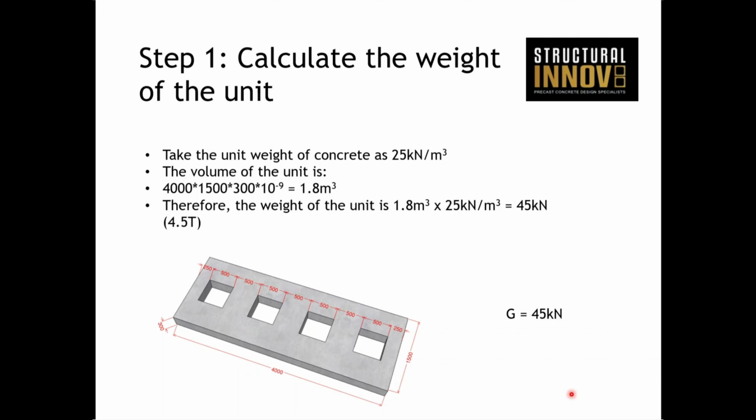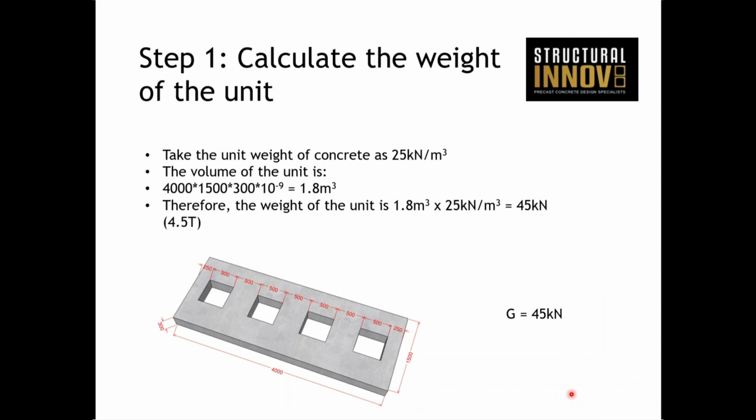So first step, calculate the weight of the unit. Unit weight of concrete, 25 kilonewtons per meter cubed. Volume of the unit, 4 meters by 1.5 meters, 300 millimeters thick. For now, just to be on the conservative side, we're not accounting for the openings. So we're just taking it as one solid slab in terms of calculating the weight.